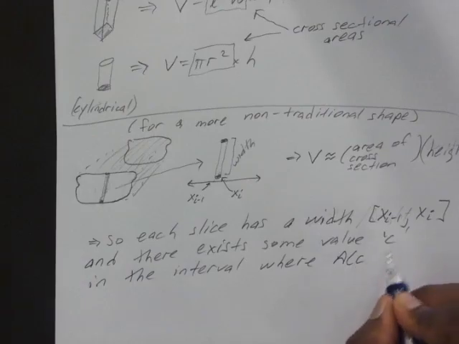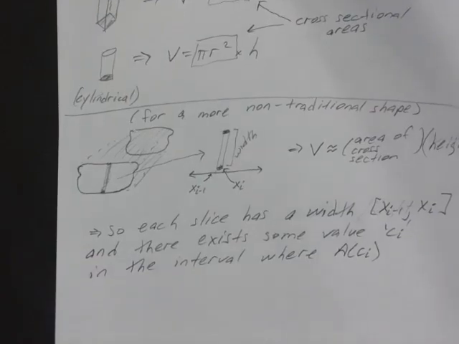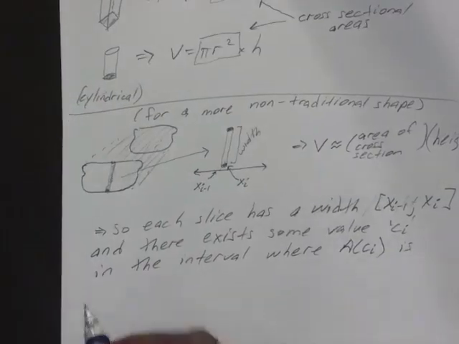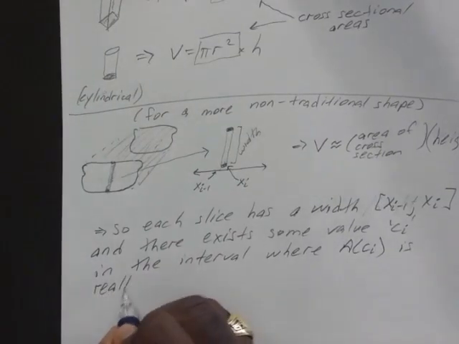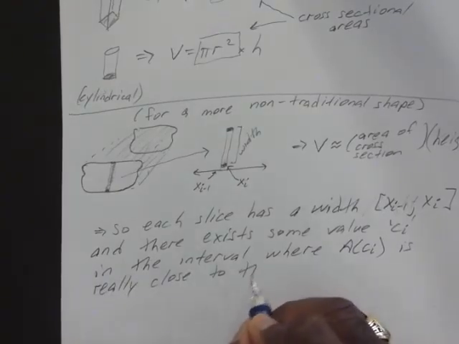And we'll call that c sub i, because that would change with each individual one. Okay, know that it's really close to the approximate area.